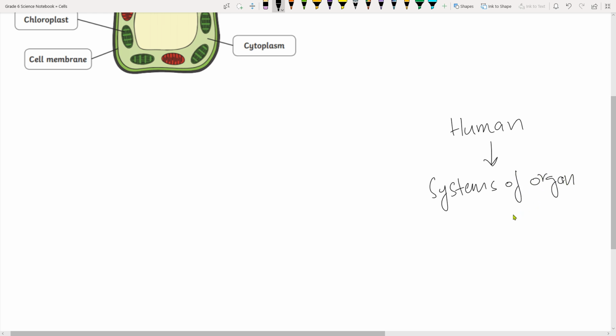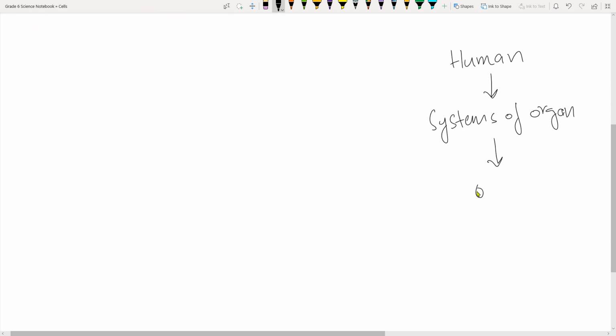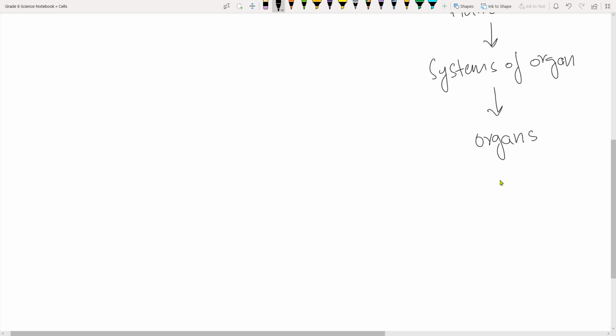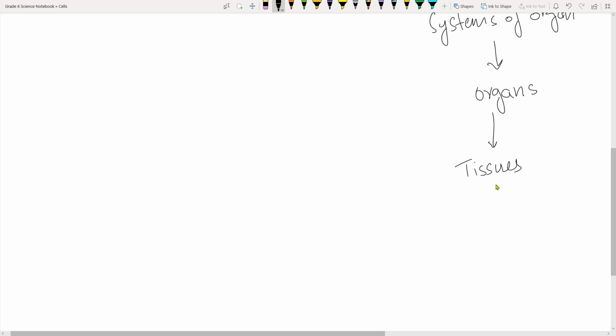These are organs, and then these systems of organs are a combination of individual organs which join together to form the bigger system, and those organs are built upon structures we call tissues, right? And these tissues are built upon the smallest living structure we call cells, right?